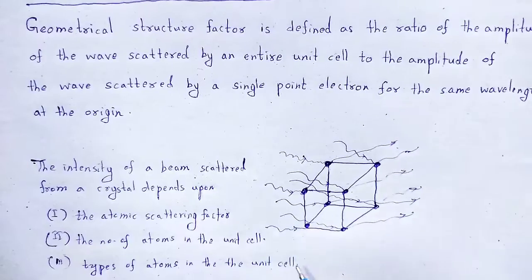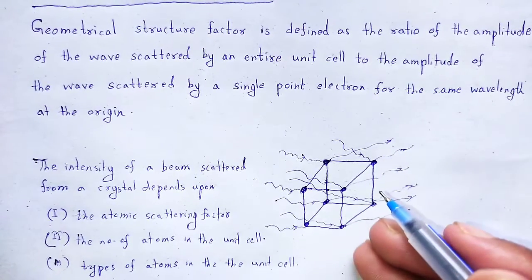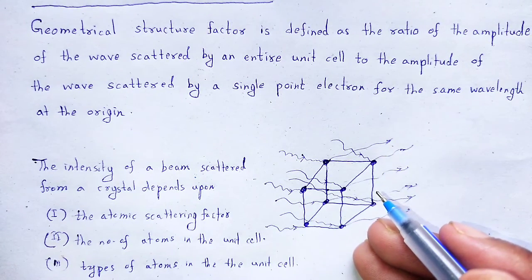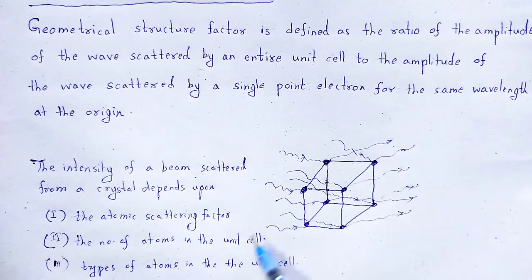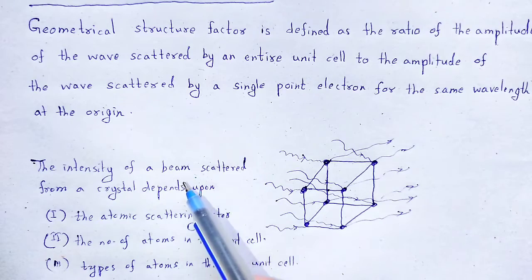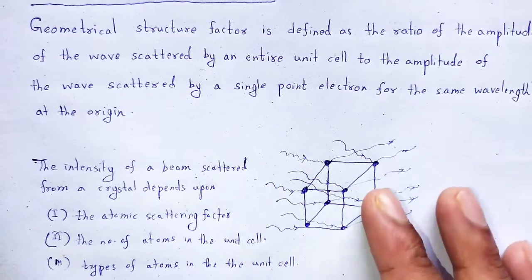If the atom is sodium, chlorine or any other kind of atom, that also influences the intensity of the beam scattered from the given crystal.